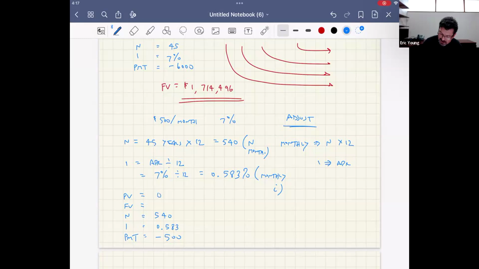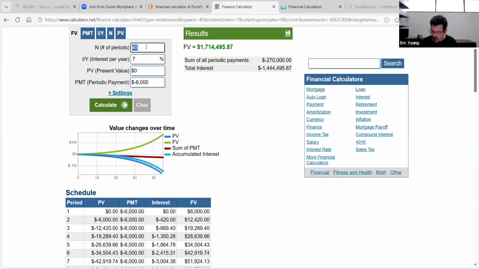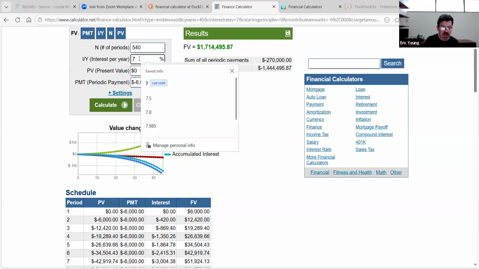We still don't have anything here, and we're still solving for our future value. How do we do it? Well, we just make the adjustments and we keep the calculator the same. We're going to change our N from 45 to 540. That takes us up by a factor of 12. We're going to change our I from 7 to 0.583.